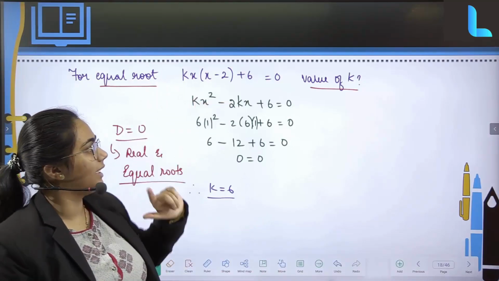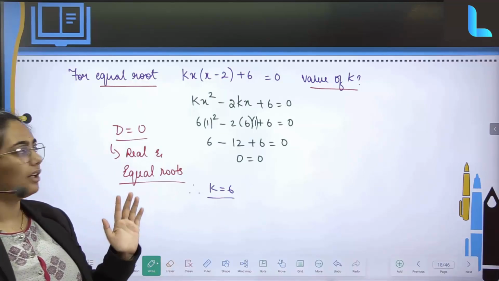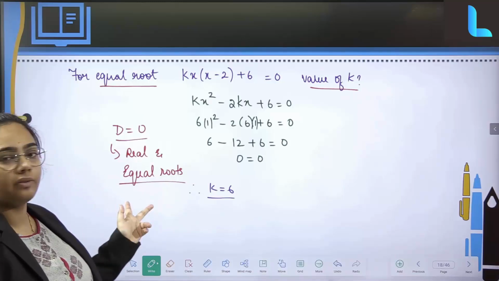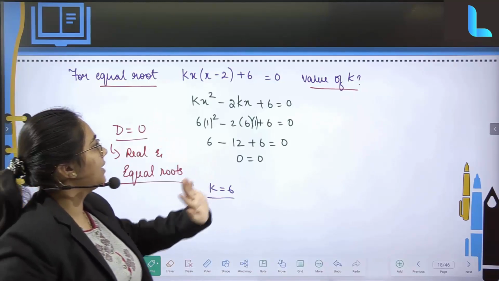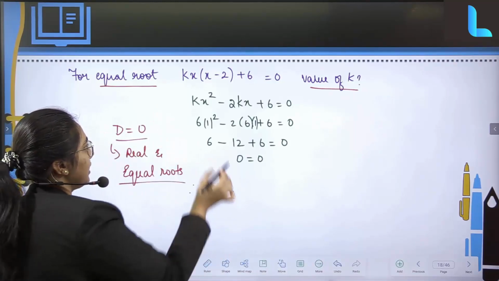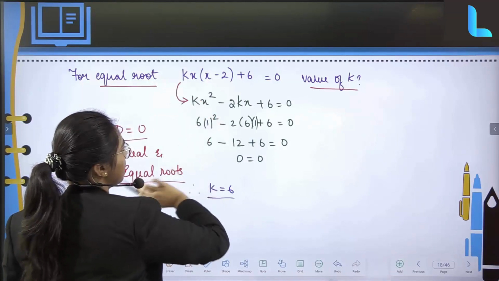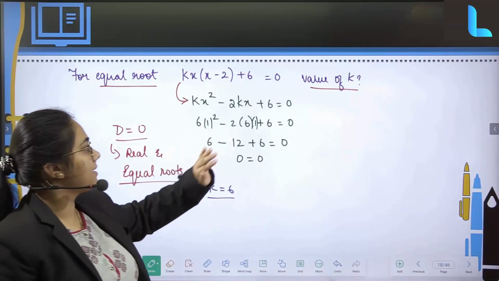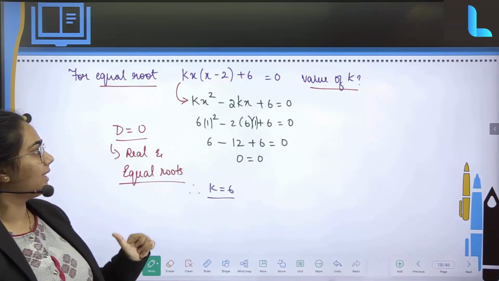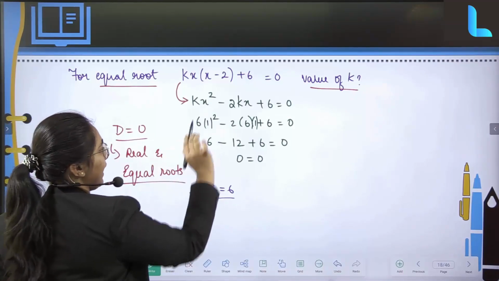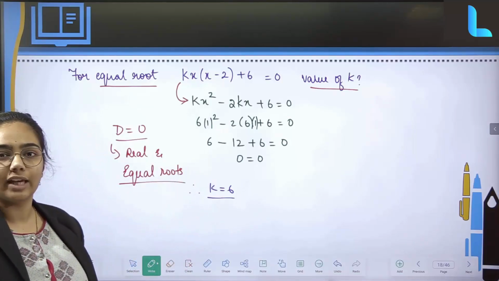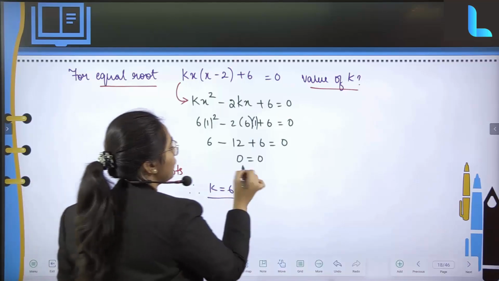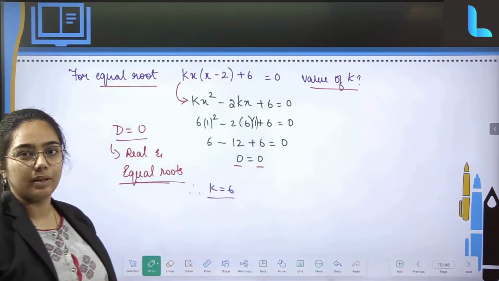Right. So with the help of this, what can we do? They have given an equation. First we have to find the discriminant. Rather than finding the discriminant, there are two ways you can solve. How have I solved over here? First, I have expanded this equation, that is kx square minus 2kx plus 6 is equal to 0. Then over here I have just assumed what the value of k can be. See, they have said it has equal roots, so my LHS and RHS have to be equal, right?